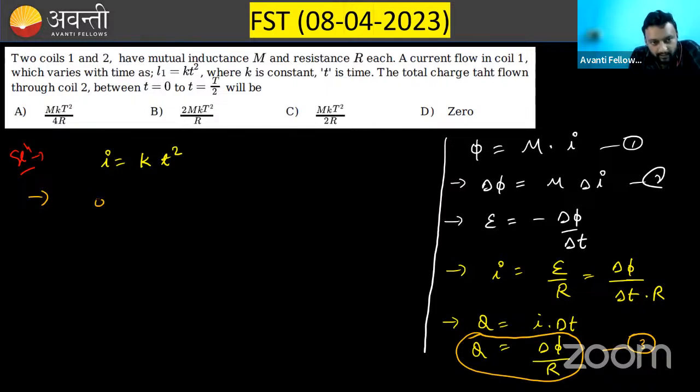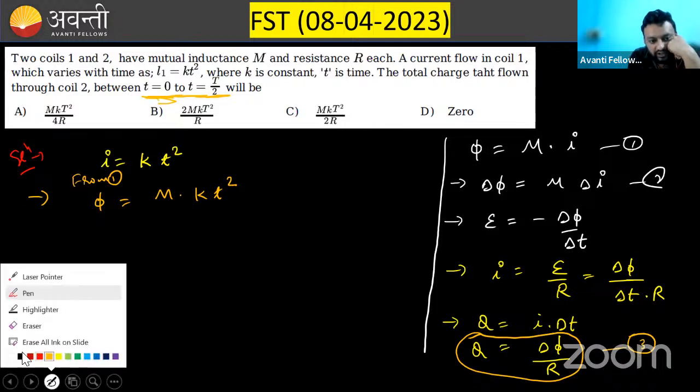If I say phi is equal to, according to the relation, M into I. I is what? K into t square. I am writing this from equation 1. Phi is equal to M into I. What is the value of I given? K t square. Nothing else. Now, they are saying that time t goes from 0 to T by 2. That means initial is t equal to 0.